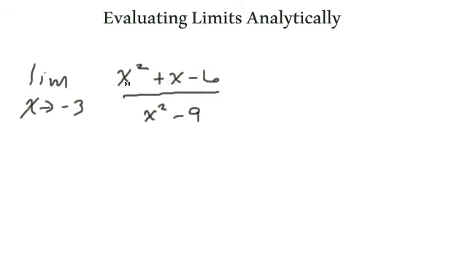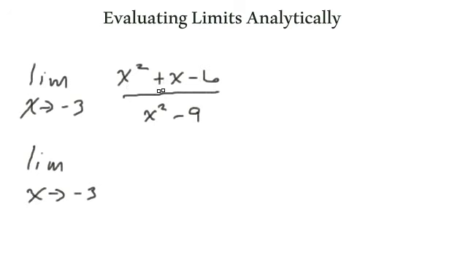Or we'd say 9 minus 9 is 0 on the top. And if we plug negative 3 into the denominator, you'd have 0. So 0 over 0. That means we need to try to factor and then cancel some terms out. So let's do that. We're always going to rewrite the limit as x approaches negative 3.